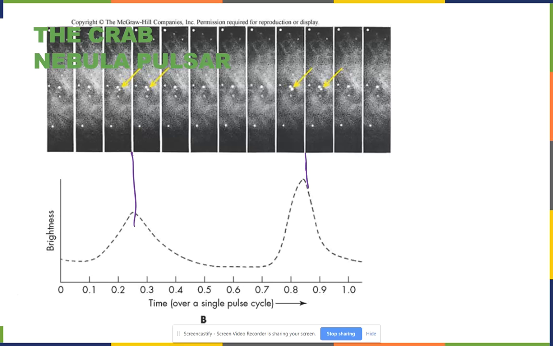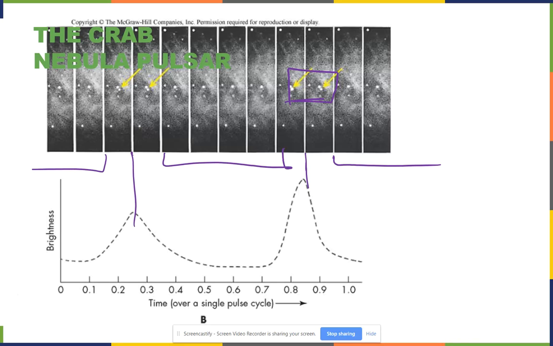So if you look where the arrows are, you can see there's something that appears in these two right inside there that does not appear there. If you look really carefully, you might say, I think I can see something, but there's really nothing. Do you see that? That's the pulsar. It's pulsing. You don't see it in any of these. And then you see it for those two, and then you don't see it again.